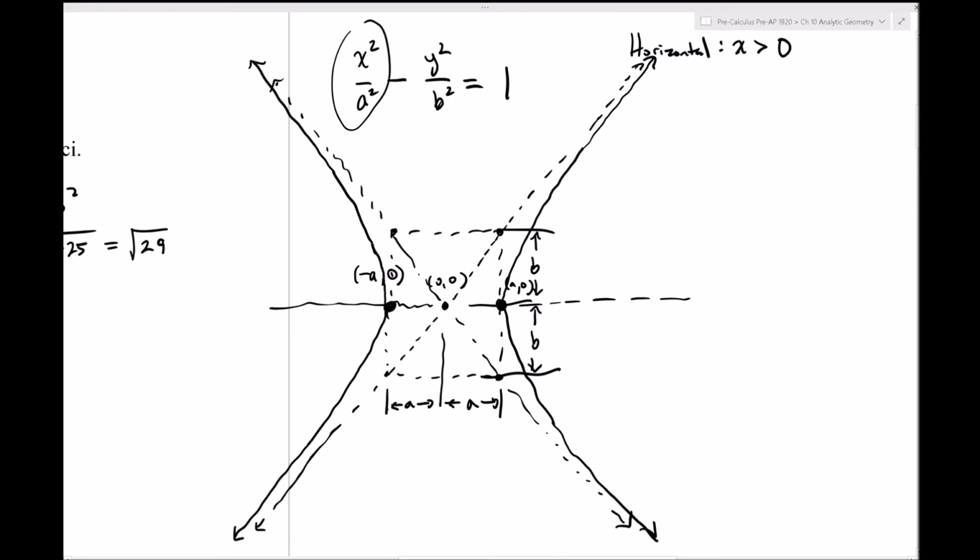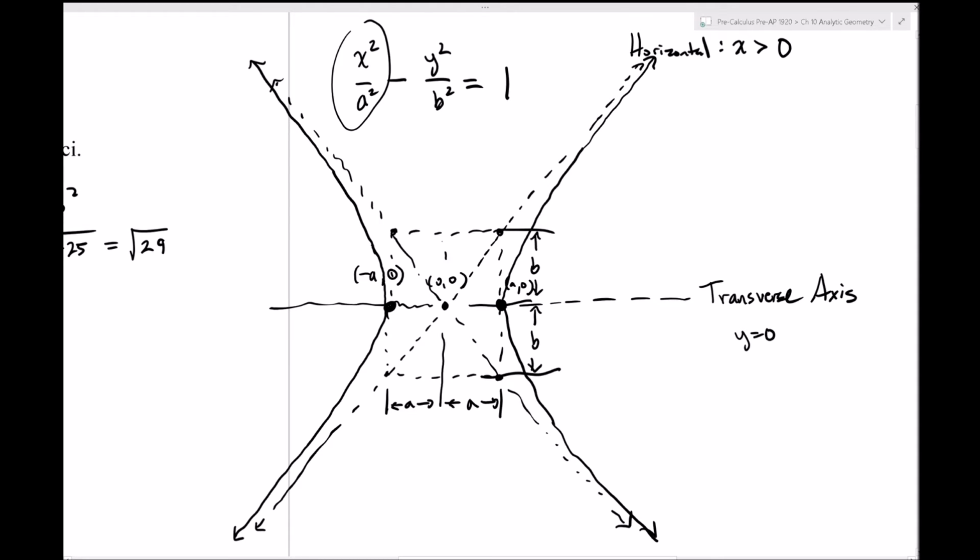So the one that is analogous to the major axis, so the one that runs along the same orientation as the hyperbola itself. So if the hyperbola is horizontal, then the horizontal axis is called the transverse axis. Transverse axis, and the equation on that one is, in this case, y is equal to 0.